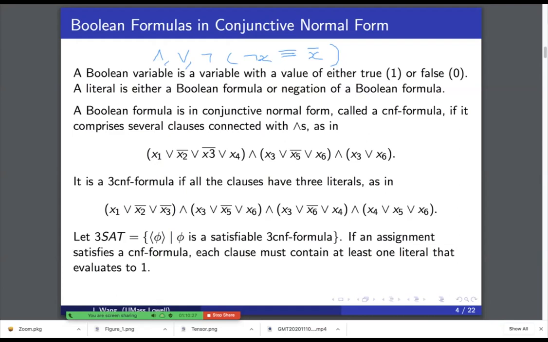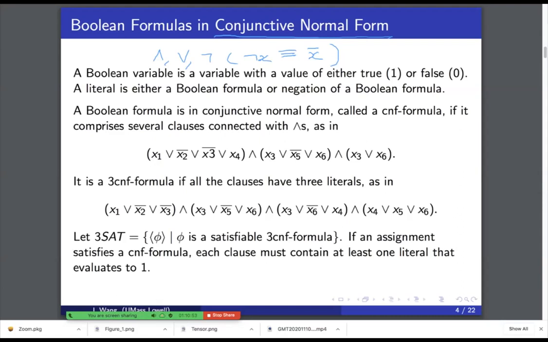So what is a Boolean formula in conjunctive normal form, or CNF? This is the same shorthand as Chomsky normal form, but Chomsky normal form is about context-free languages, about grammar. Here it is about Boolean formulas, even though they have the same shorthand.